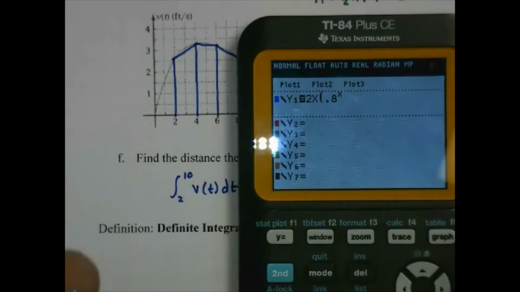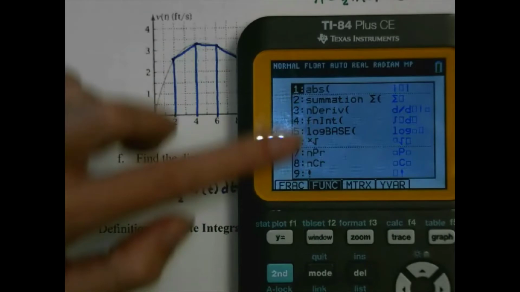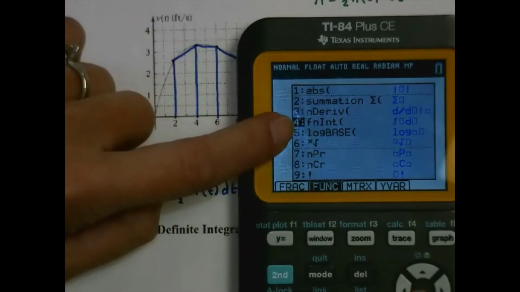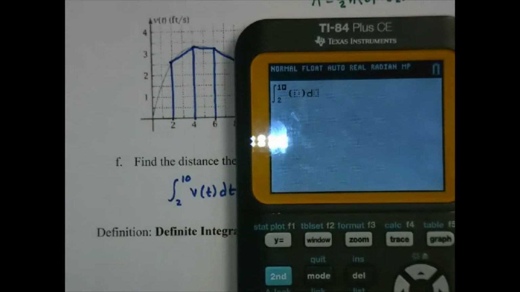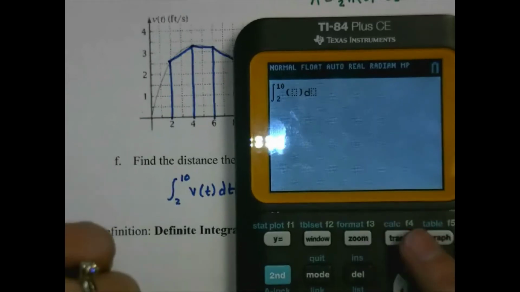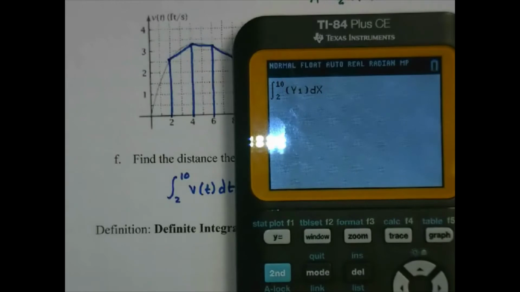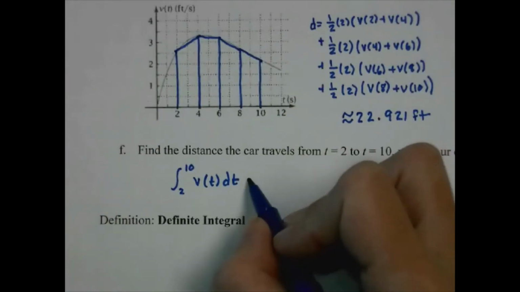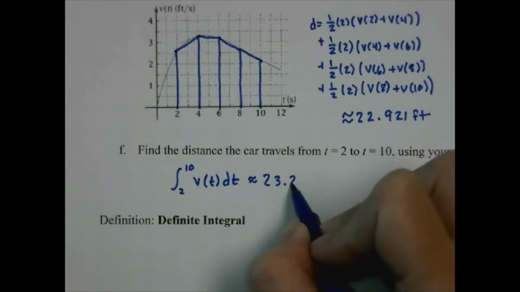So I'm going to go to my home screen. If you go to alpha f2, in this menu, underneath the derivative which we've used, is fnInt. So we want fnInt from 2 to 10 of our y1, and we put an x there. This gives us 23.242 feet. So our approximations were all pretty close.